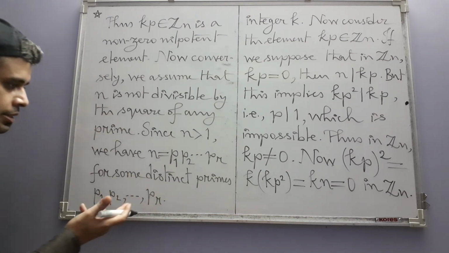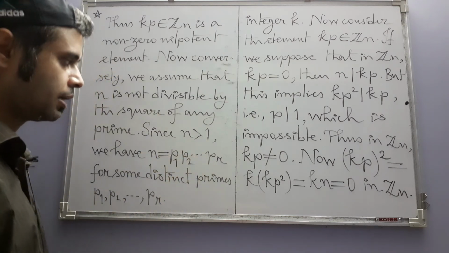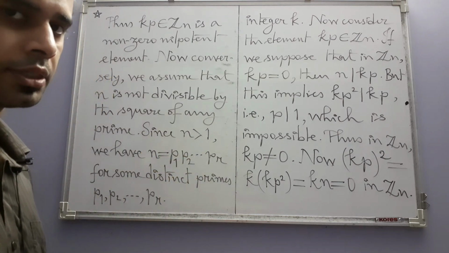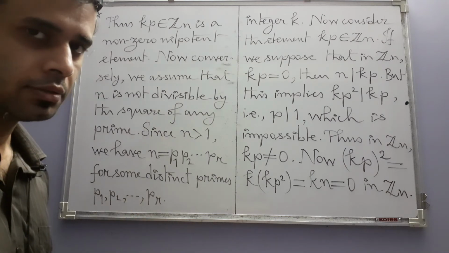Now, what is happening here? You see, because n is greater than 1, by the fundamental theorem of arithmetic from number theory, n has a prime factorization.